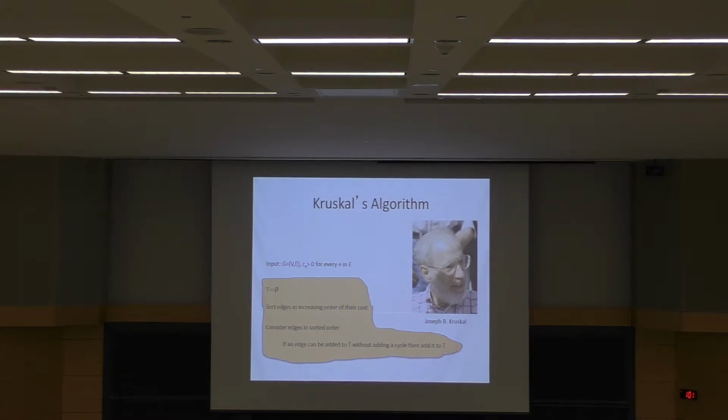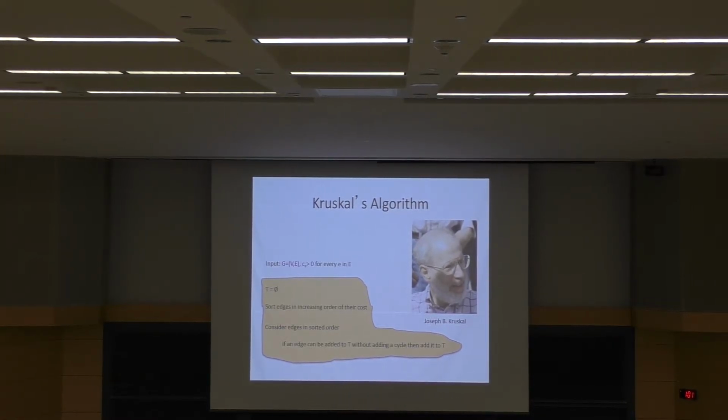Under the assumption that all edge weights are strictly positive, if you want to minimize the total cost of the edges you pick, it has to be a tree. So we looked at 3 algorithms to compute the MST of such an input. They were all natural, they all work fine.